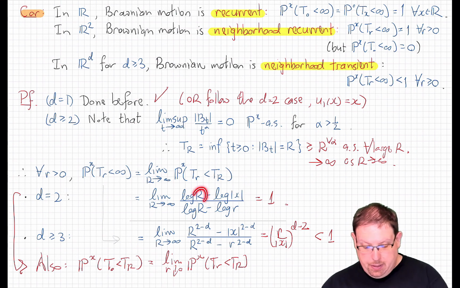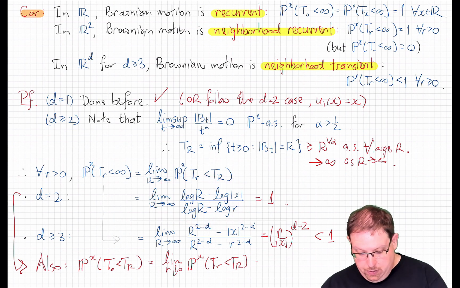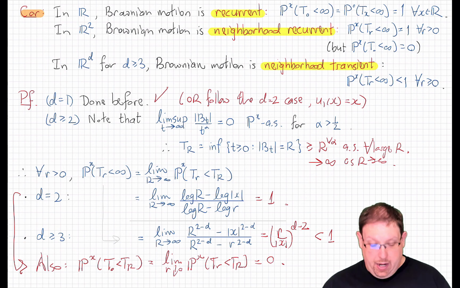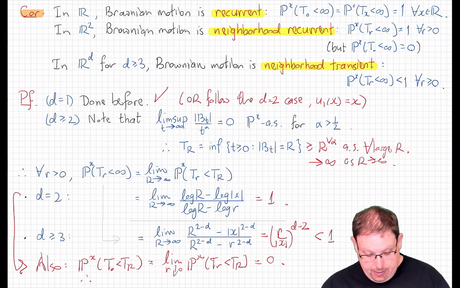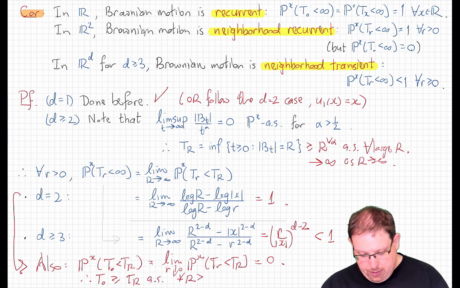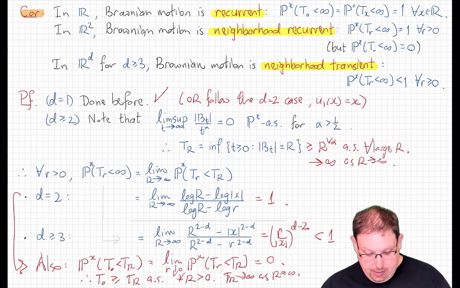And now since capital R and x are being held fixed, and minus log r goes to infinity as r goes down to 0, that ratio tends to 0. That was true for any capital R, and so what that tells us is that T_0 is bigger than or equal to T_R almost surely for all positive capital R. But since T_R goes to infinity as R goes to infinity, it therefore follows that T_0 is infinite almost surely, which shows that in 2 dimensions, Brownian motion is transient.